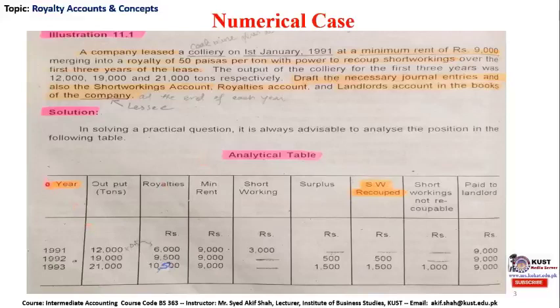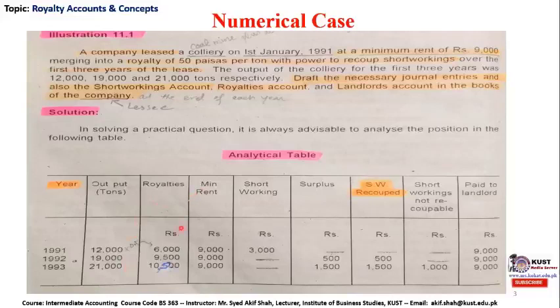The first column denotes the year, which has been mentioned as 1991, 1992 and 1993, since the 3 years data has been given. The second column is related to the output tonnage. In the first year 1991, the company has extracted 12,000 tons. In 1992, the company has extracted 19,000 tons, and in 1993 the company has extracted 21,000 tons of coal.